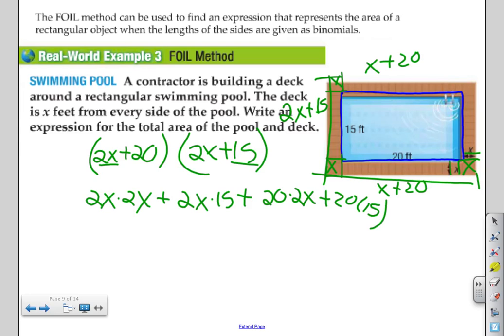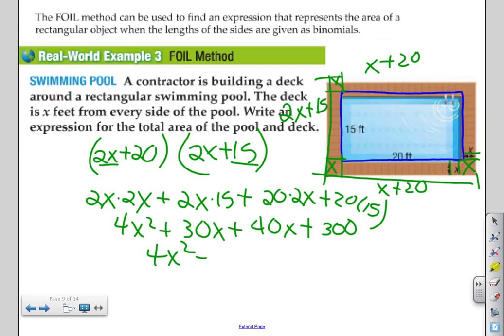All right, you get 4x squared plus 30x plus 40x plus, what do we have? 20 times 15, is that 300? I'm doing that real fast in my head, and that's correct, plus 300. And you combine your like terms, you get 4x squared plus 70x plus 300. And there's the expression you could use to find the area of the pool and the deck together.